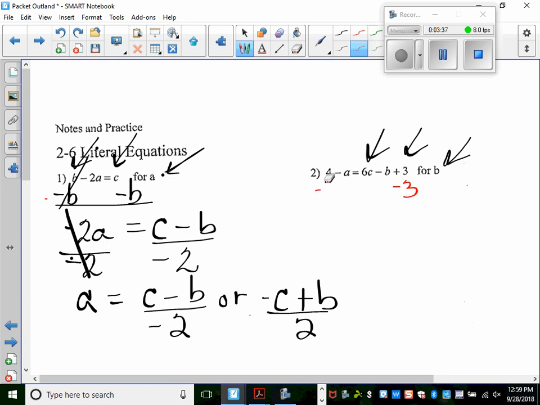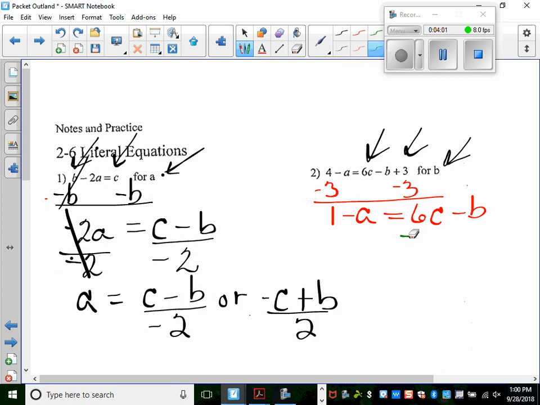But look, I can actually put the 3 under the other constant because they're like terms. I can now put 4 minus 3, which is 1. Minus A equals 6C minus B. So this is considered now a positive 6C.